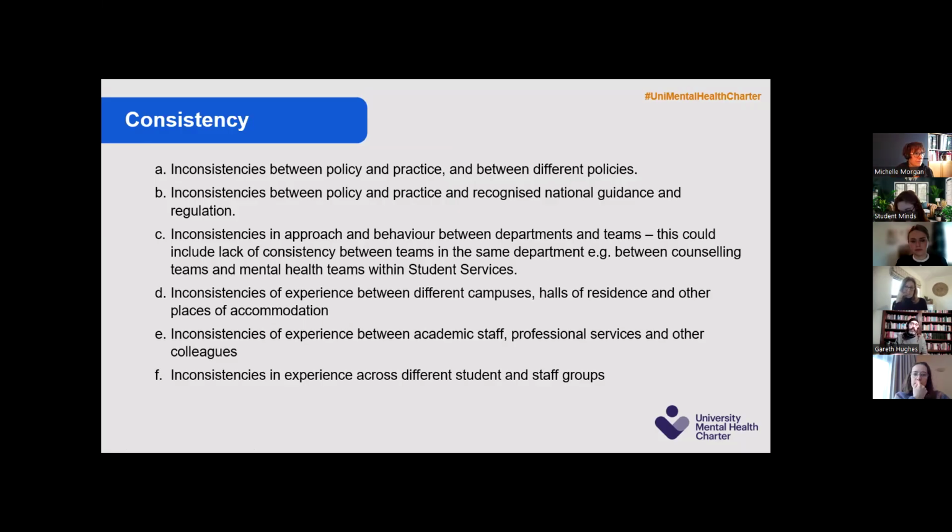We were seeing inconsistencies sometimes between what universities were doing and what national guidance and regulation and evidence was telling us elsewhere. Students and staff would very much report to us about inconsistencies between departments and teams. Sometimes this might be within one department, so you might get different teams within student services behaving in different ways, different academic teams behaving differently. So that inconsistency came out a lot.